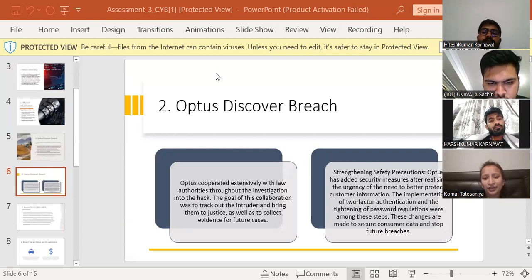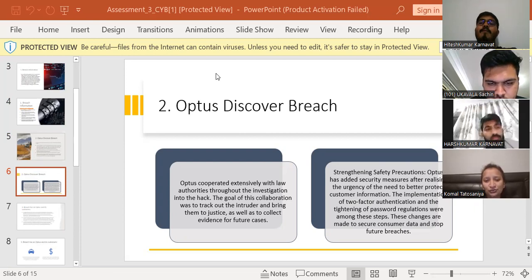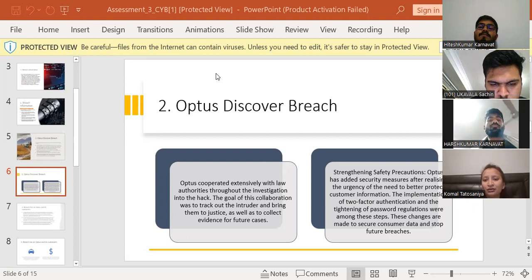Optus cooperated extensively with law enforcement authorities throughout the investigation into the hack. The goal of the collaboration was to track down the intruder and bring them to justice, as well as to collect evidence for future cases.